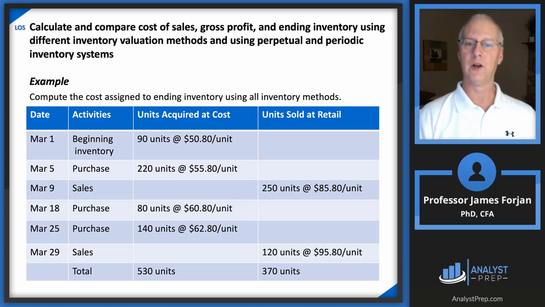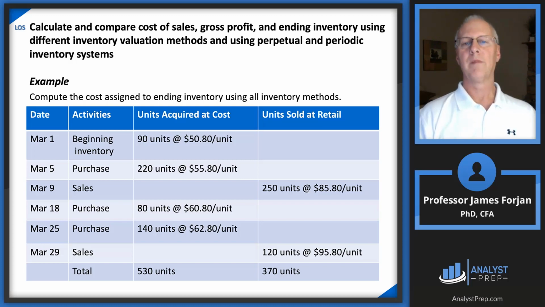So this is what you ought to notice: beginning inventory was around $51, let's say, but then we made another purchase of around $56, and then another purchase at $60, another purchase at $62. So our input prices are rising, and then we sell some at 85, and then we sell some more at 95, and so we've got 530 units available for sale, and then we sold 370 of those units.